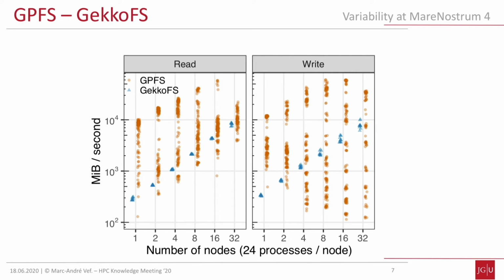That is what you can see here. On the y-axis you have the performance, and each of the red dots is a different performance test, and it changes over orders of magnitude depending on the day.